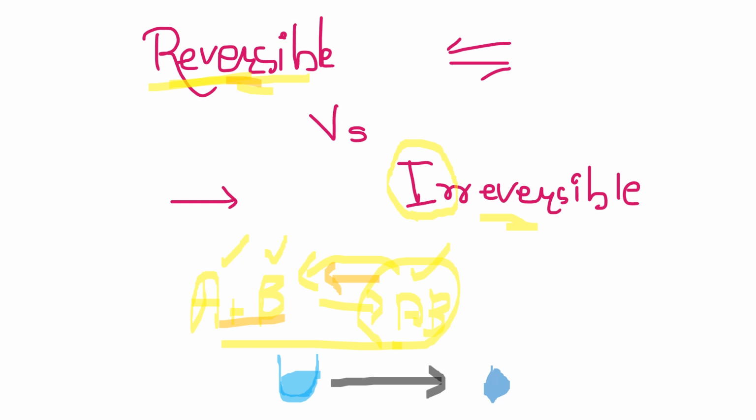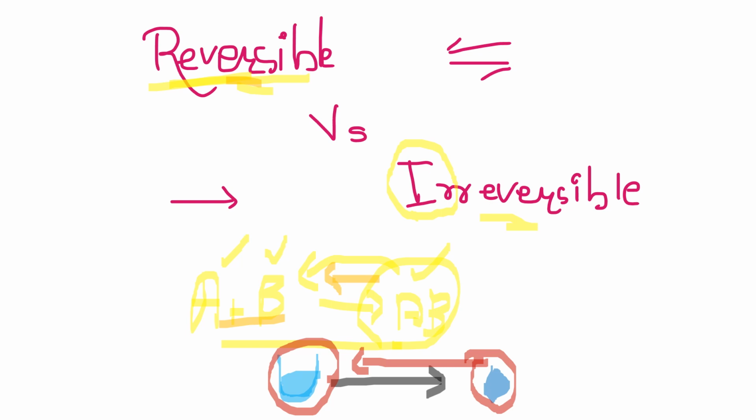Now what we have done is simply make this water freeze and become a state of ice, or an ice cube. Now can it again become water? Yes, it can. By some processes, like heating it up, it will again become water. This is the best example of a reversible reaction. So this is the difference between reversible and irreversible reaction.